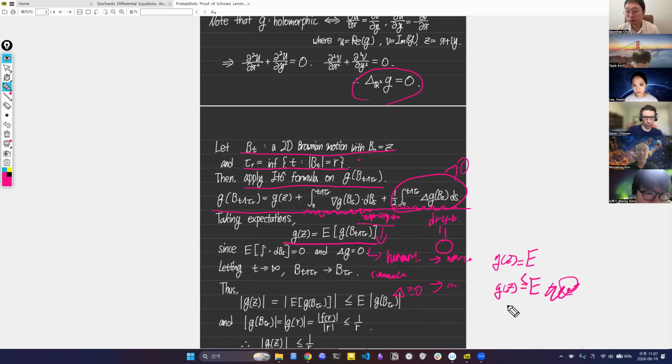Maybe the most important case would be the absolute value of a subharmonic function, and we will use this inequality frequently.